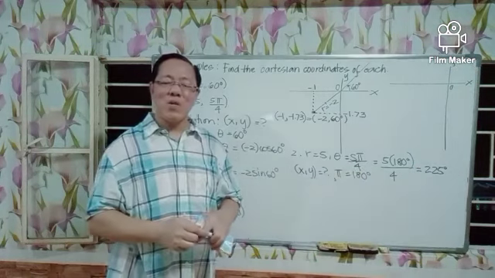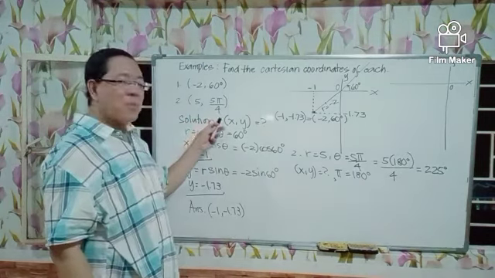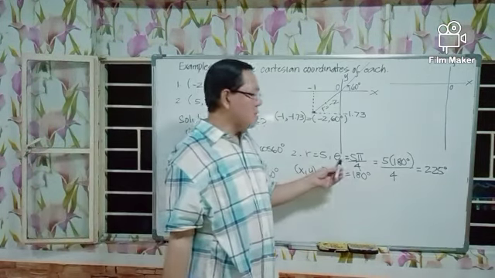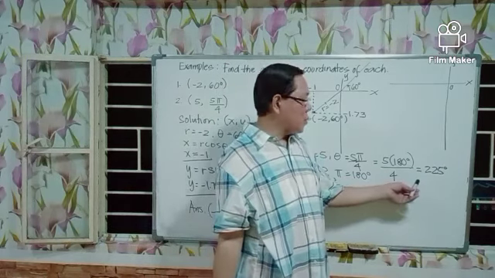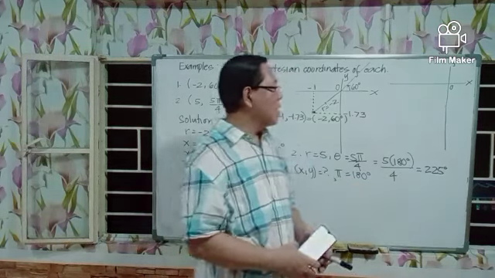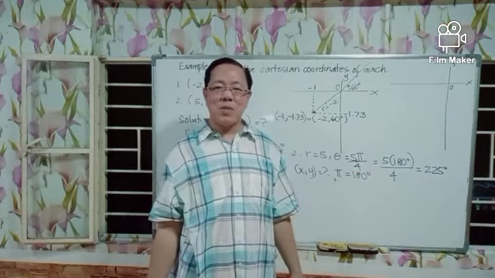We plot the point with polar coordinates 5 and 5 pi over 4, where the angular coordinate is equal in degrees to 225 degrees. And 225 degrees is taken as an angle in standard position.